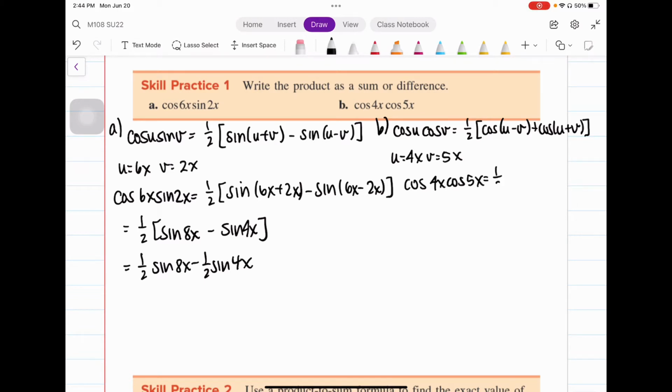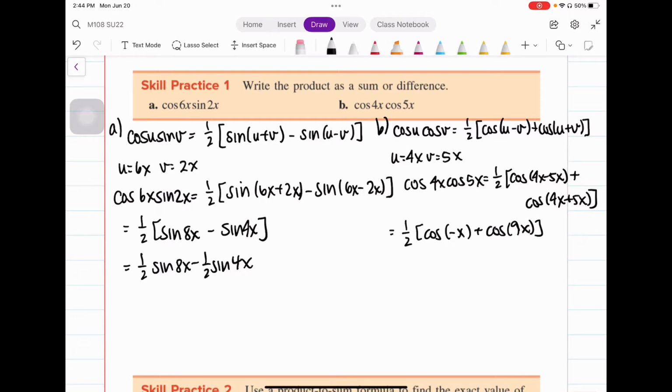That's going to be equal to 1/2 times cosine 4x minus 5x plus cosine 4x plus 5x, which is equal to 1/2 cosine negative x, interesting, plus cosine of 9x.